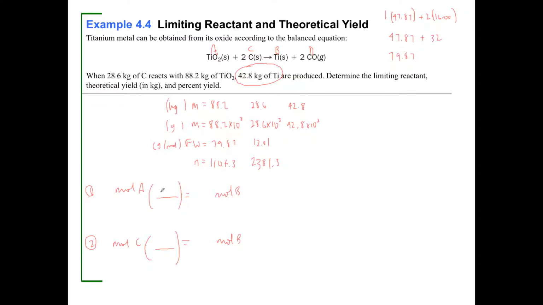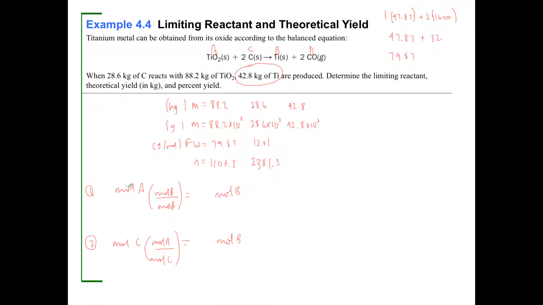So for A, it looks like I've got to cross off moles of A, moles of B. Here's my molar ratio. Moles of B, and what's going to go right here? Moles of C. Okay, so let's change our color now.